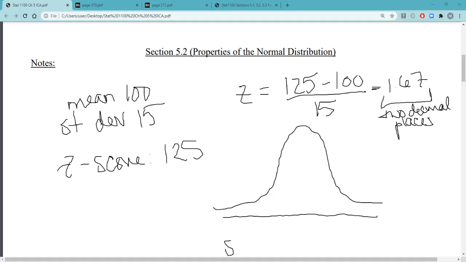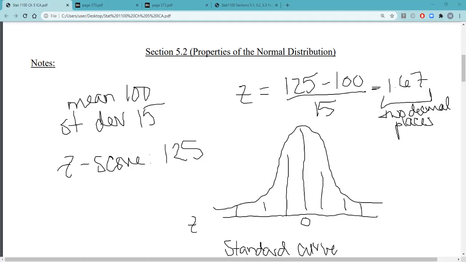If this is our standard curve, notice I'm labeling the z-scores down here. So this would be z is 0, z is 1, z is 2, z is 3, z is -1, -2, -3.